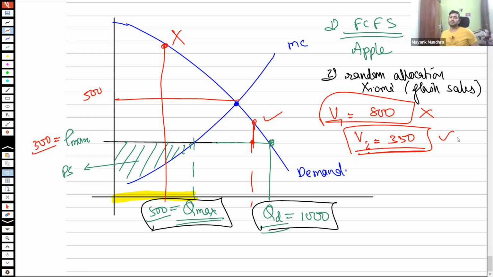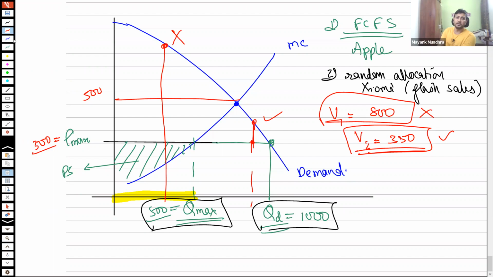So what will happen is that the person who has a valuation of 350 bought the product because the price was very low at 300. But now he can go on OLX and sell it to somebody else. He knows that there are people who have a higher valuation for this good than he has, so he goes on a black market like OLX and says, okay, I have this phone and I am willing to sell it.